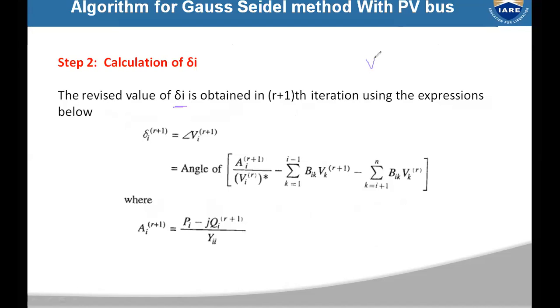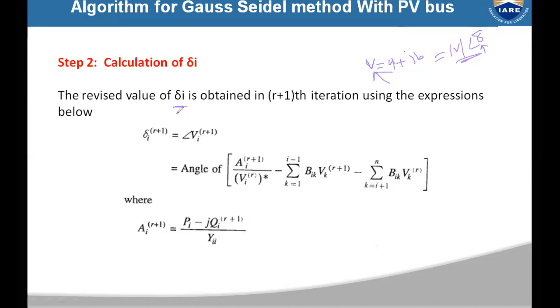Suppose you calculate the voltage, which is a complex number like A plus JB, right? If you convert this complex number into polar form, you will get the magnitude of voltage at an angle delta. Okay. So you have to use the voltage equation to calculate the angle delta.